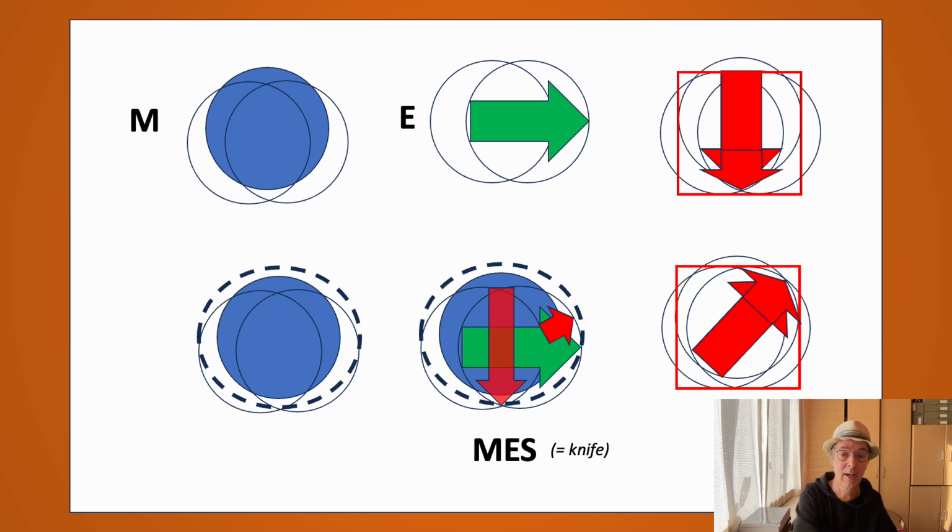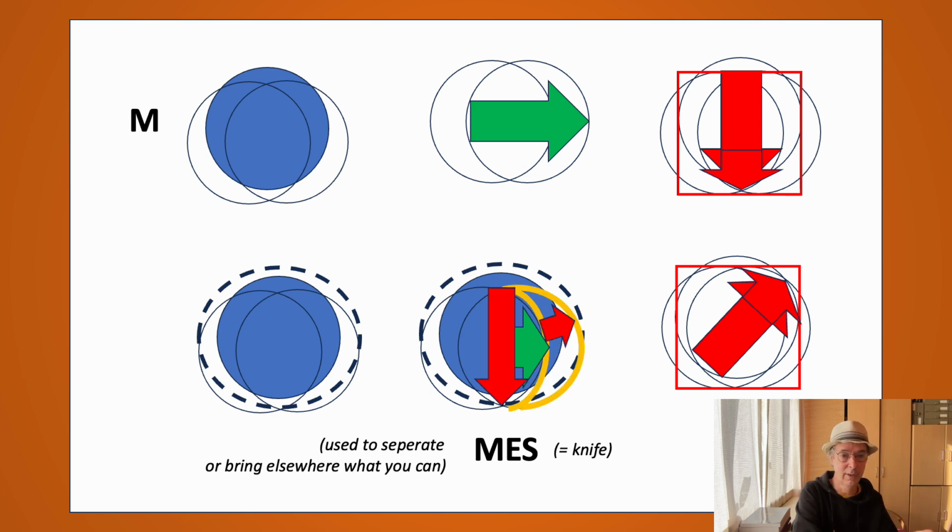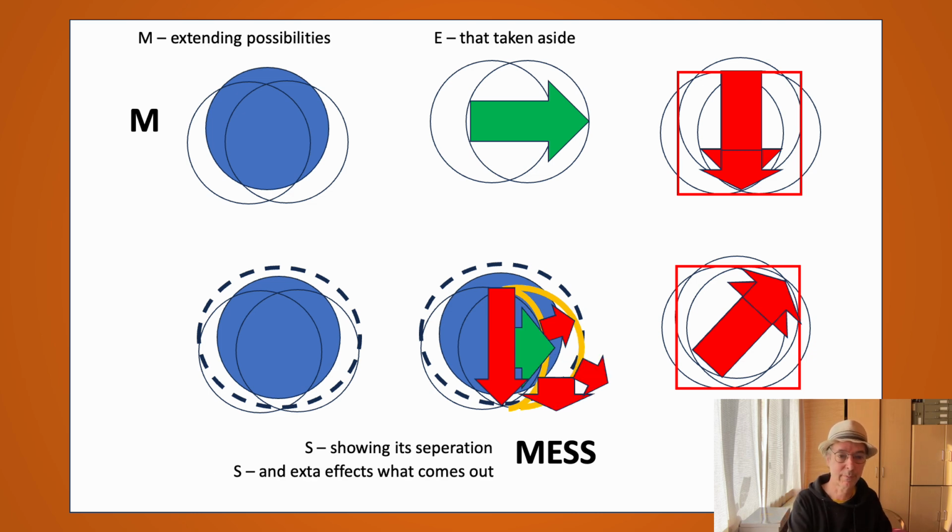But with the word mess with a double S combined, it almost starts to make more sense, as you can see in the following slides. So here you see that it's used to separate. You have something to separate here, and the separation with the double S emphasizes this going out and separating more, an effect that takes out.